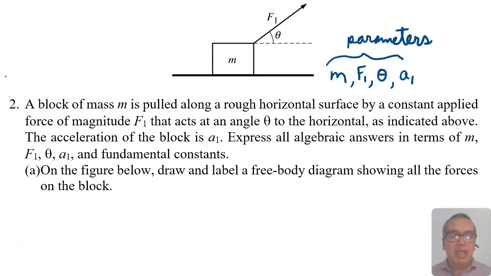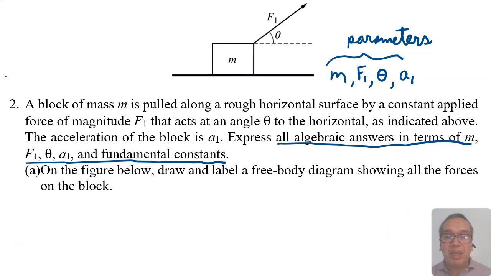But basically, the idea is that any algebraic answer that you get has to be in terms of those variables and nothing else, besides fundamental constants. Now, what do we mean by these fundamental constants? In this context, at this level, the only constant that we have is lowercase g, the acceleration due to gravity.